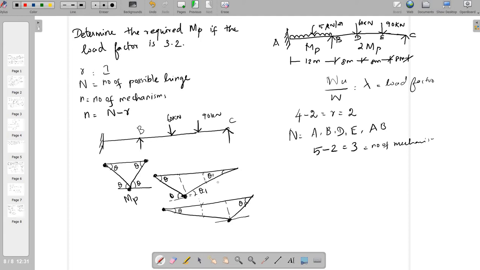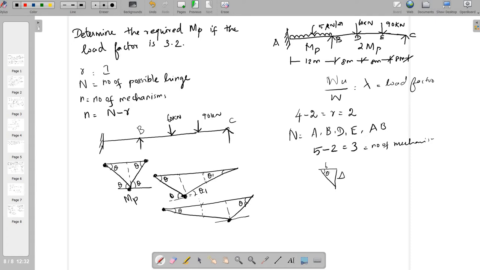First of all, we are going to find the delta here because it is used in the internal work done. You can take a separate triangle for delta. The span is 12 meters, so 6 meters is at the middle.